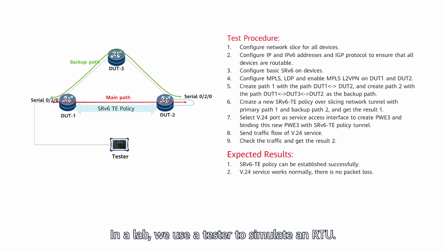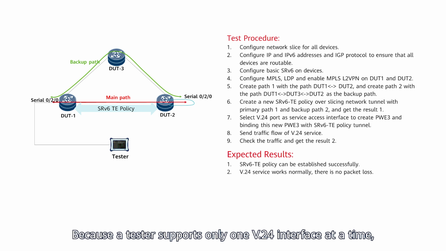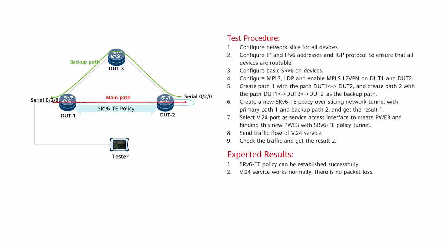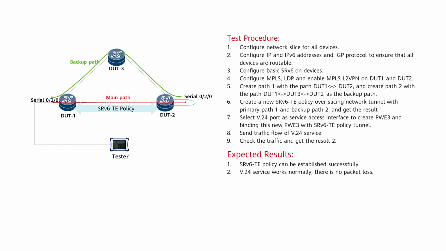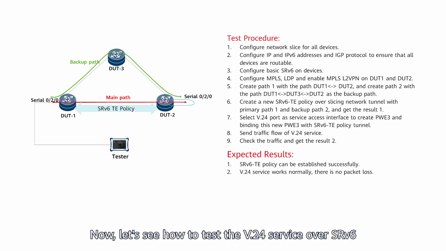In a lab, we use a tester to simulate an RTU because a tester supports only one V.24 interface at a time. We need to perform physical loopback on the remote end. Now, let's see how to test the V.24 service over SRv6 in a lab environment according to the test procedure.